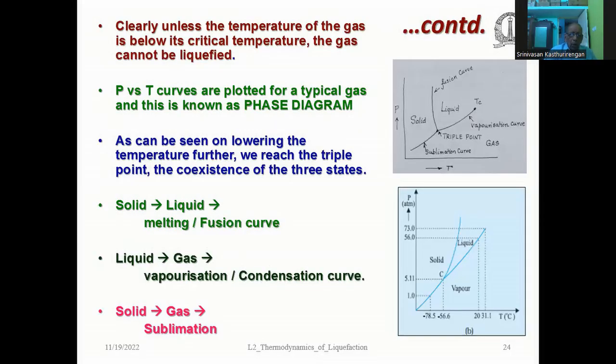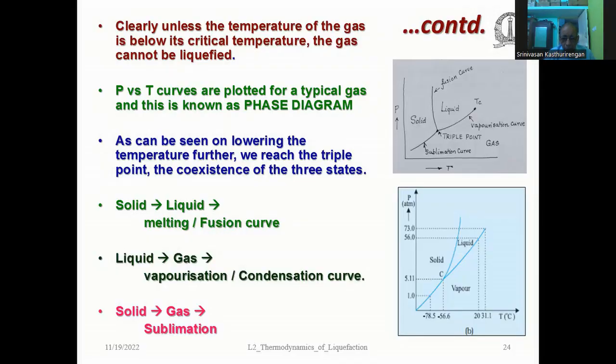Now, clearly, below the critical temperature, the liquid state of the gas exists. And therefore, if I want to convert a gas into a liquid, I need to bring the temperature down below the critical temperature.